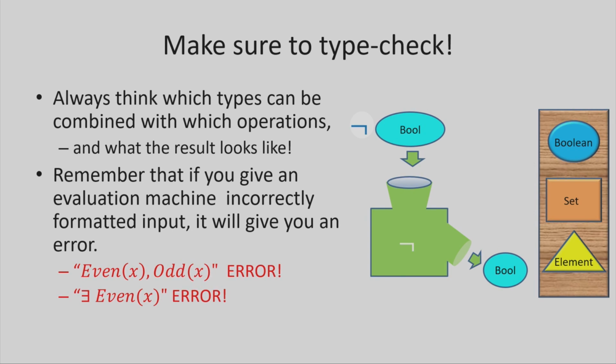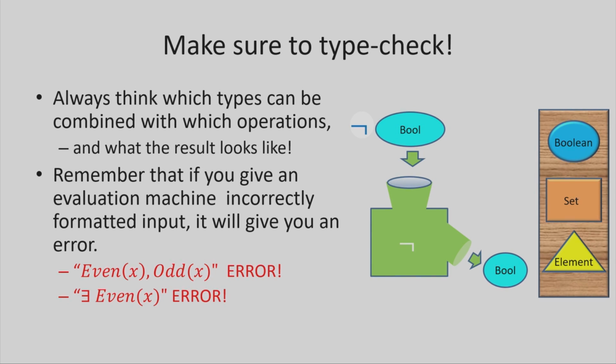If you give even x, comma, odd x to your evaluation machine, there is no evaluation machine for comma, and every other machine will say error, that's not something Boolean, that's something strange. Similarly, if you have exists even x and you give it to your quantifier evaluator machine, it will say, wait a moment, where is my x under the existential quantifier?